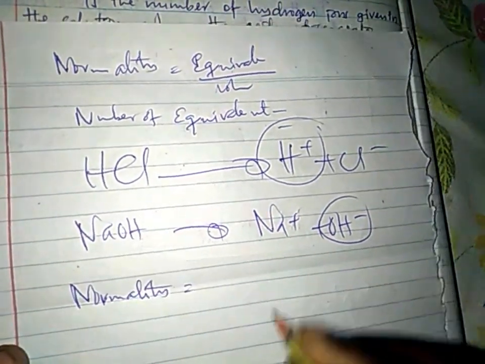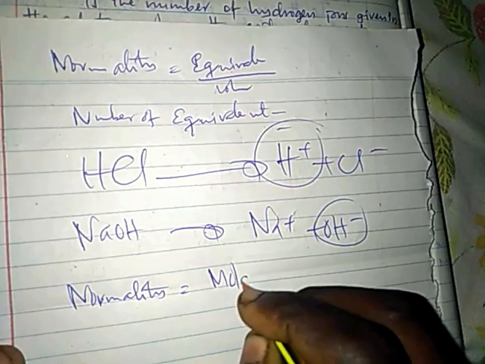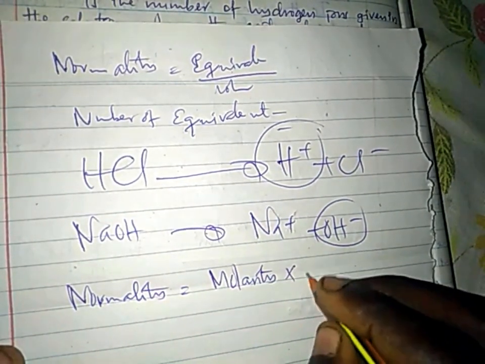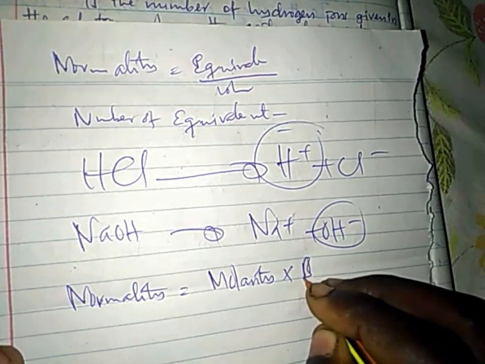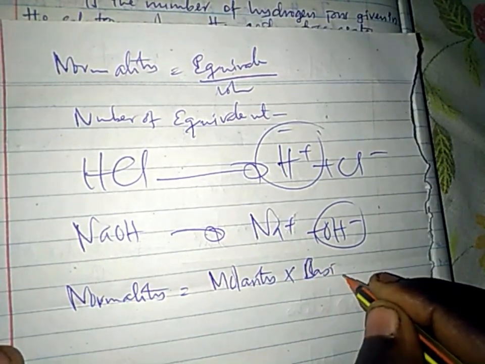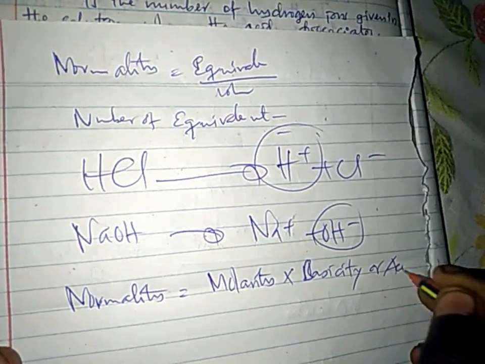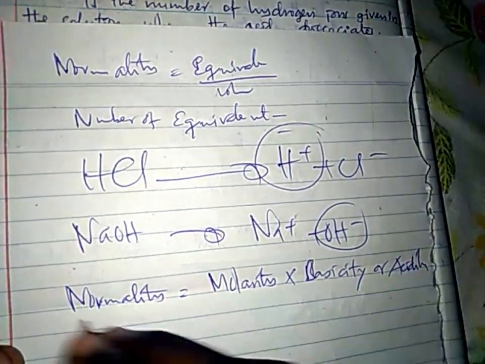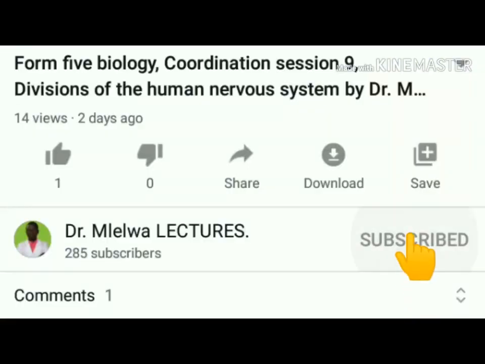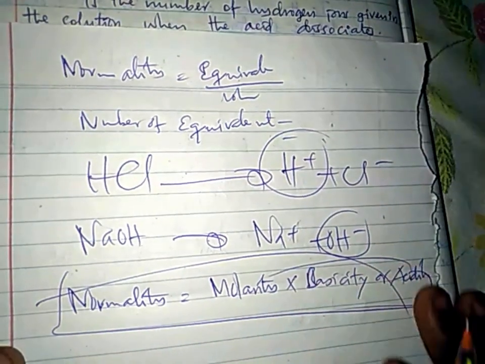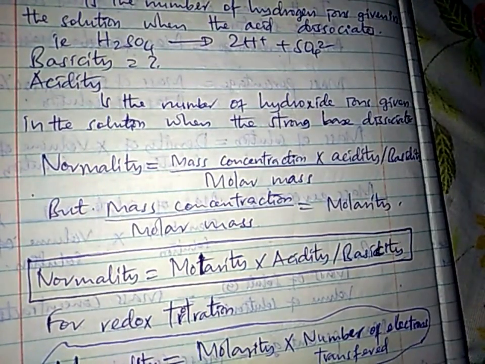Now normality katika acid base titration, in acid base titration, we are taking it as molarity times basicity or acidity. That is the calculation of normality in acid base titration.